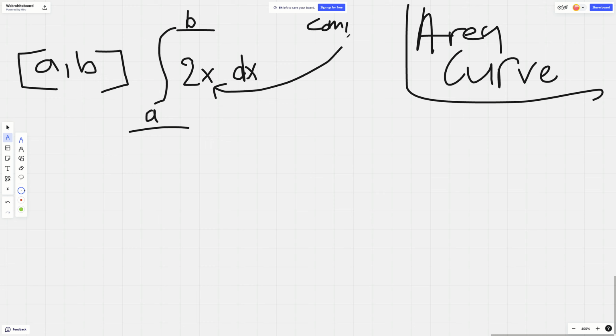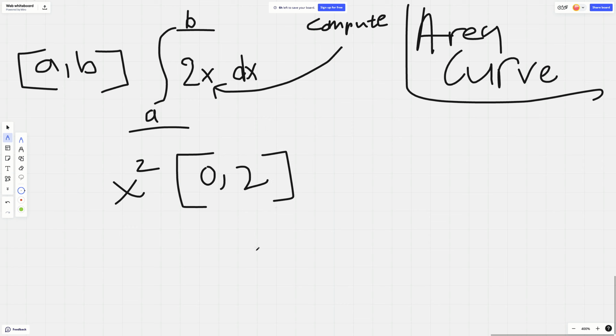So let me just write that, compute. Well, we know that the antiderivative of 2x is simply x squared. Okay, that's simple. Now that we've got this x squared, now we need to compute its area under the interval, or rather under the curve from 0 to 2, when x is in between 0 and 2.